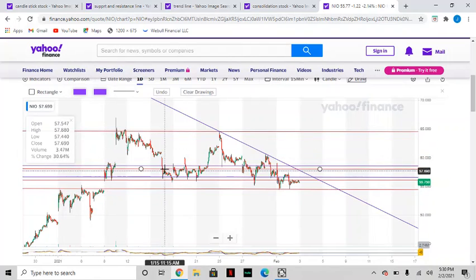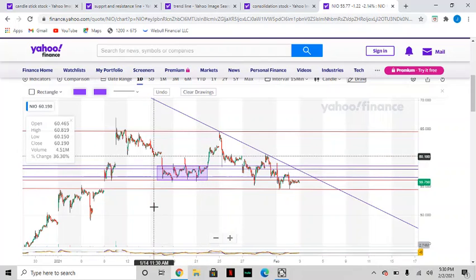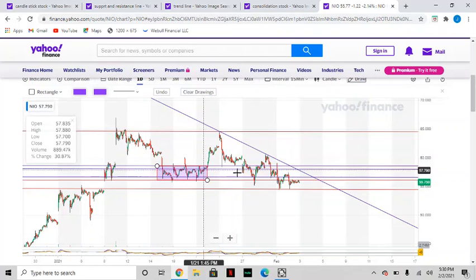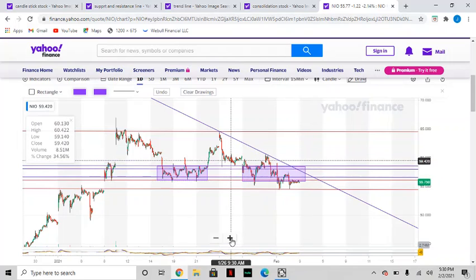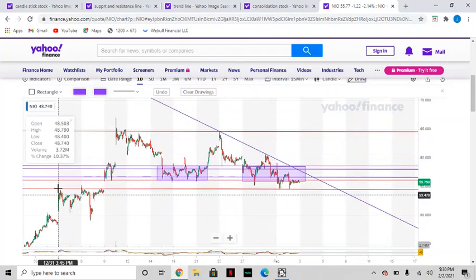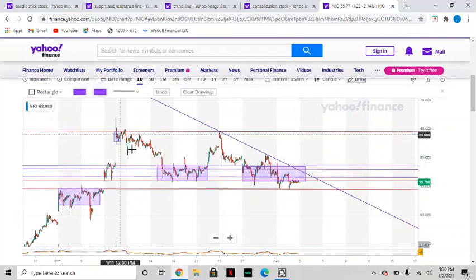And then here we have a consolidation phase, where it kind of just bounces back and forth on your resistance and support lines. And then we have another one here where it's kind of been bouncing back and forth. I would even say probably another one here. Got a slight one here.